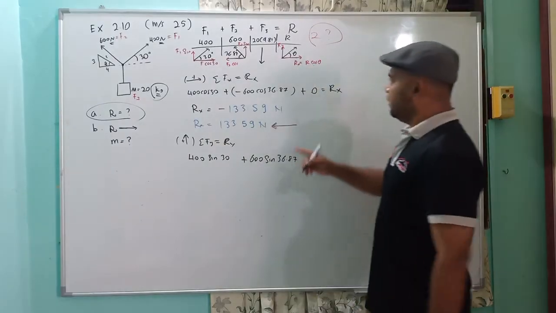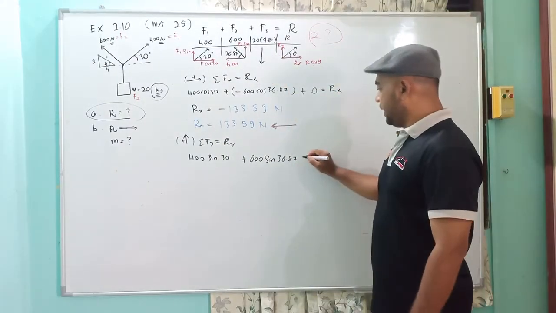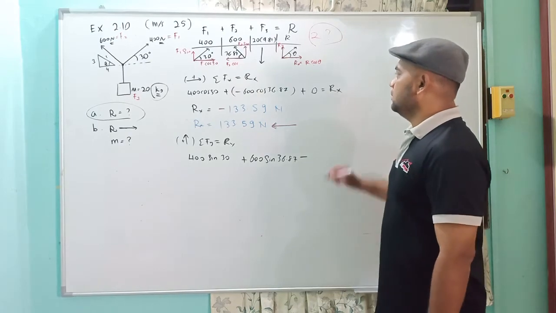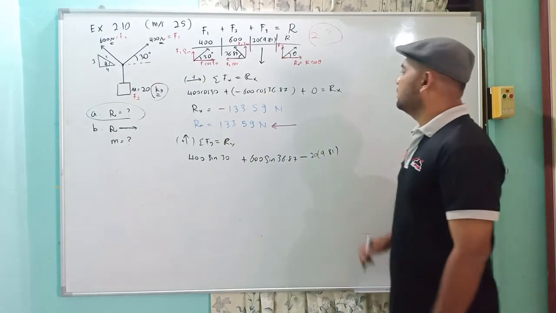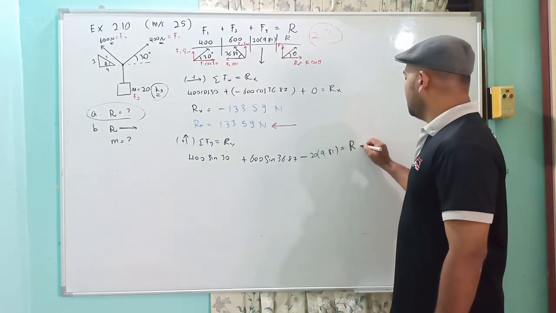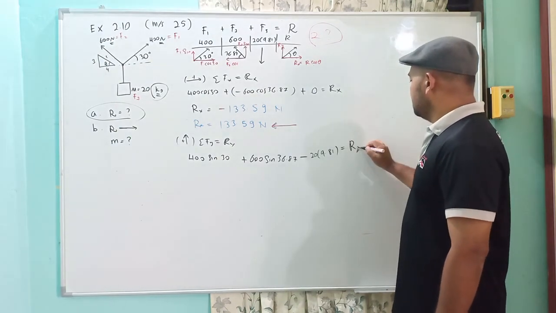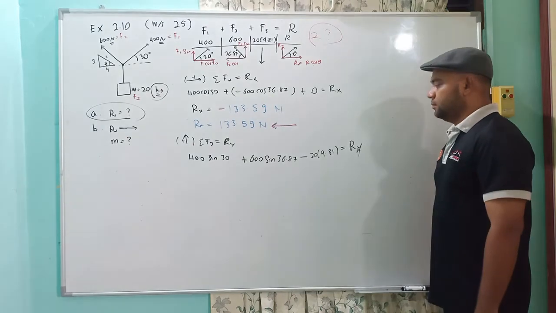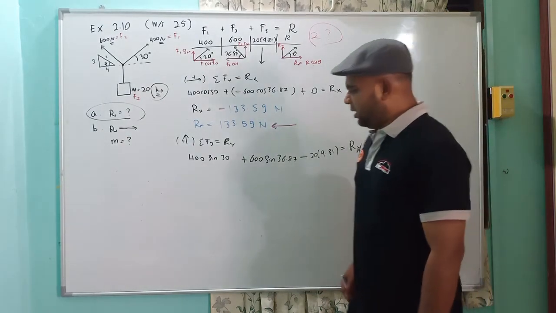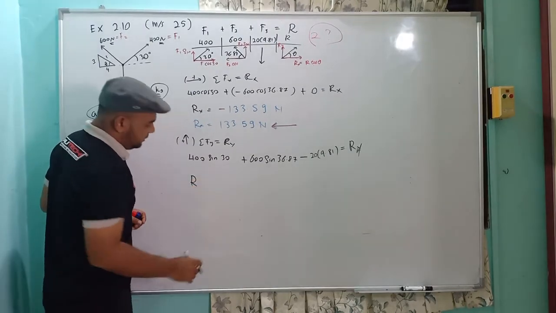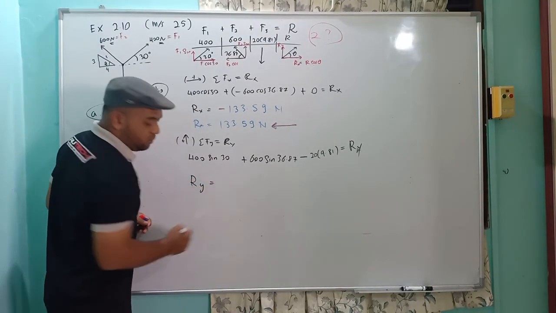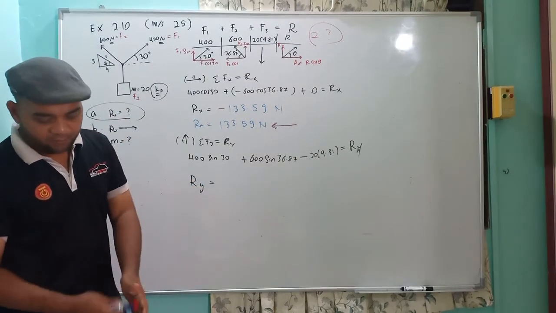Okay, this one is downward, so minus 20 times 9.81 equal to Ry. Okay, so from this one we'll have the Ry, you can calculate Ry from this equation.